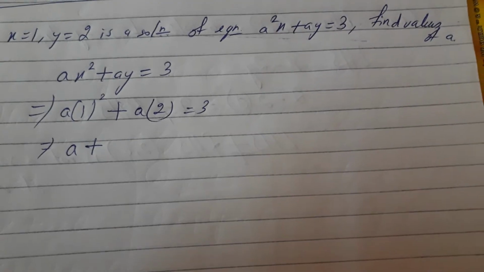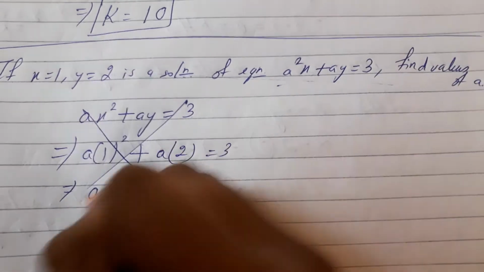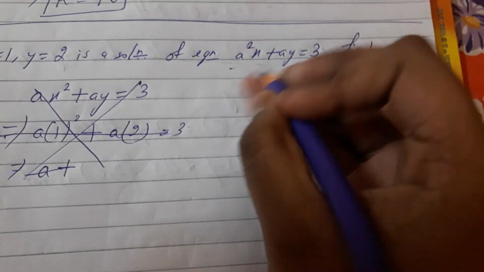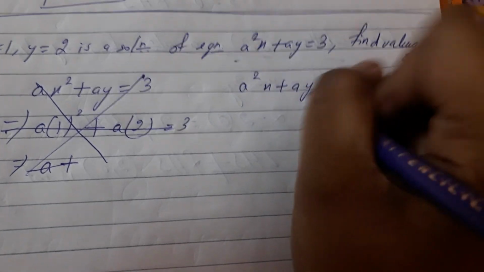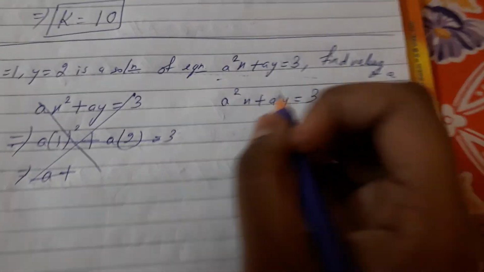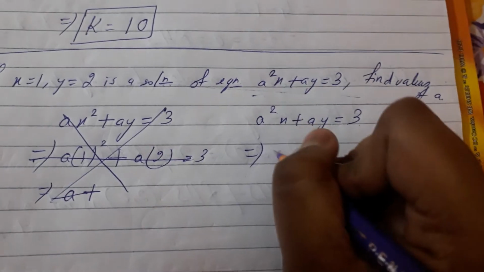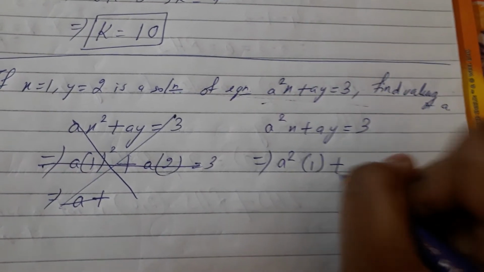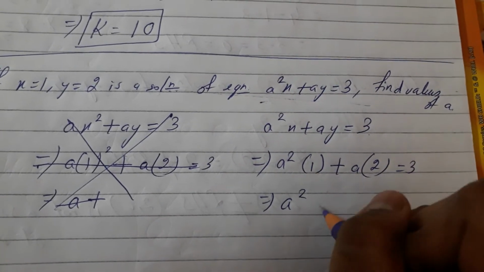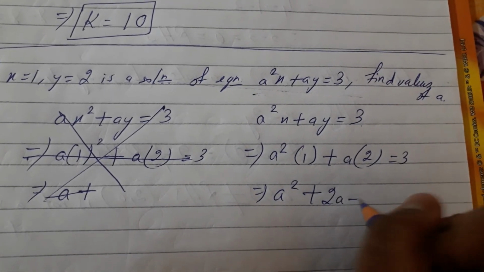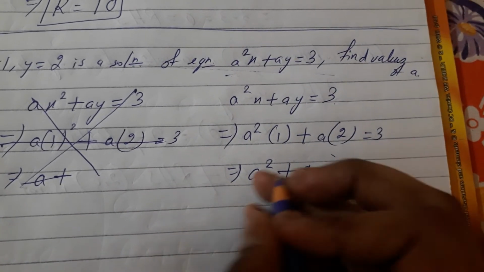The equation is a squared x plus a y is equal to 3. Then you put the values of x and y: a squared into 1 plus a into 2 equals 3. This will be a squared plus 2a minus 3, since 3 comes to the left side, is equal to 0.